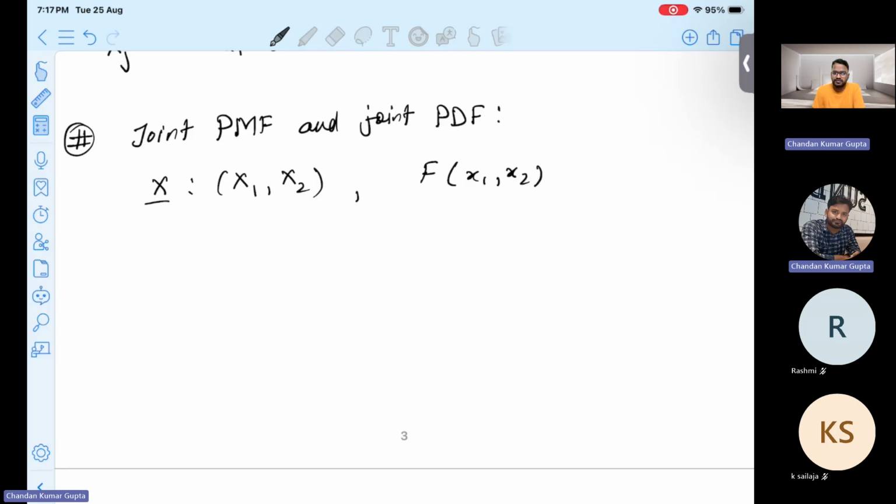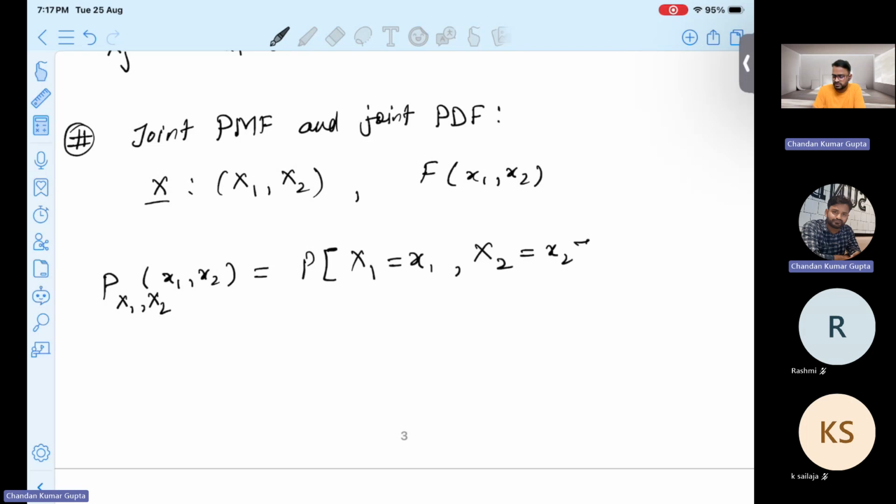So in the case of PMF, we can write it like this, the notation: P(x1, x2), which is the probability that X1 equals x1 and X2 equals x2. This is the notation we mainly use in the discrete case.